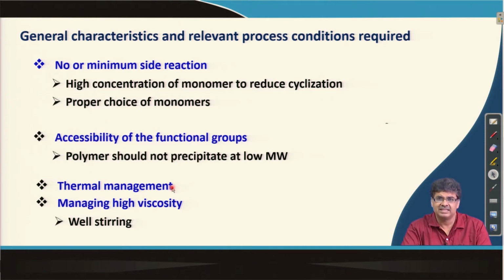So, managing the heat during polymerization is a very important thing, and generally we do it by proper stirring, so that no local hotspots are created. If you can do it in a solution phase, then obviously viscosity problems are much lower. So, good stirring is a must to manage viscosity as well as the heat generation in the system.